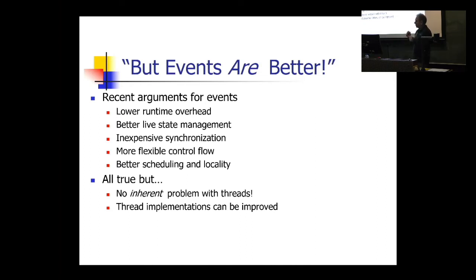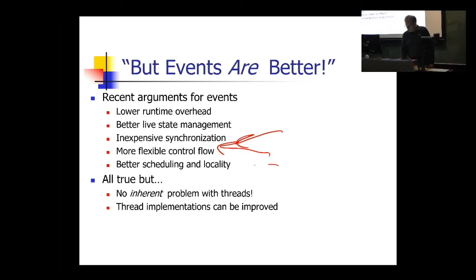Effectively, the only live state, i.e. memory that's still going to be used in the future, is basically managed explicitly by the code. Okay. Synchronization is inexpensive because it's largely non-existent. Control flow is more flexible because with the event-based model, you can effectively post any event to any event handler, from any event handler, if you really wanted to.